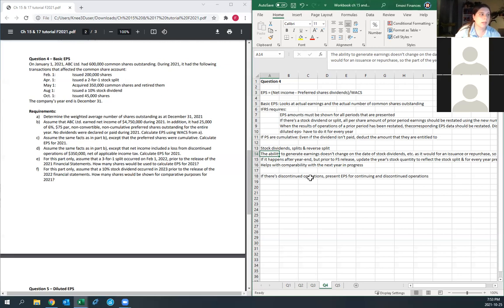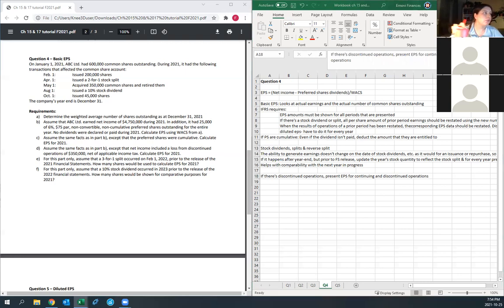If a stock dividend or split or reverse split happens after year end, but before the final statements are released, then you need to update your weighted average common shares to reflect what happened, and for every year prior. And basically, it helps with the comparability with the next years in progress. And finally, if there's a discontinued operation, then you present the EPS for continuing and discontinued operations.